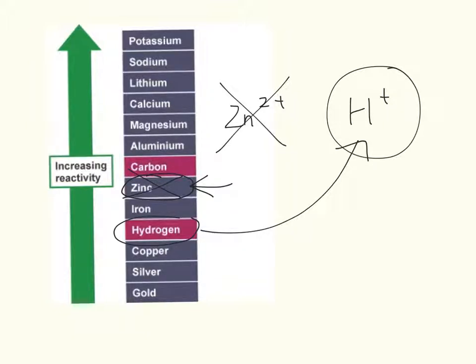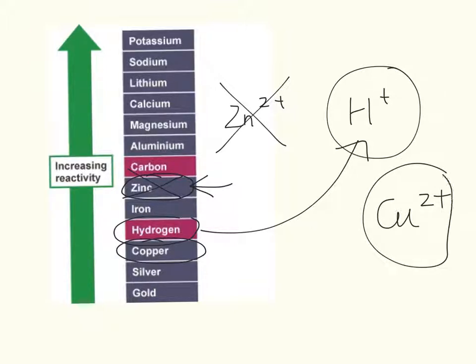However, if we were talking about copper and hydrogen and we had to decide, is it copper that gets made or is it hydrogen that gets made? Well, in this case, it would be copper that gets made because the hydrogen is more reactive. So we always go for the ion that is less reactive than hydrogen or hydrogen itself.